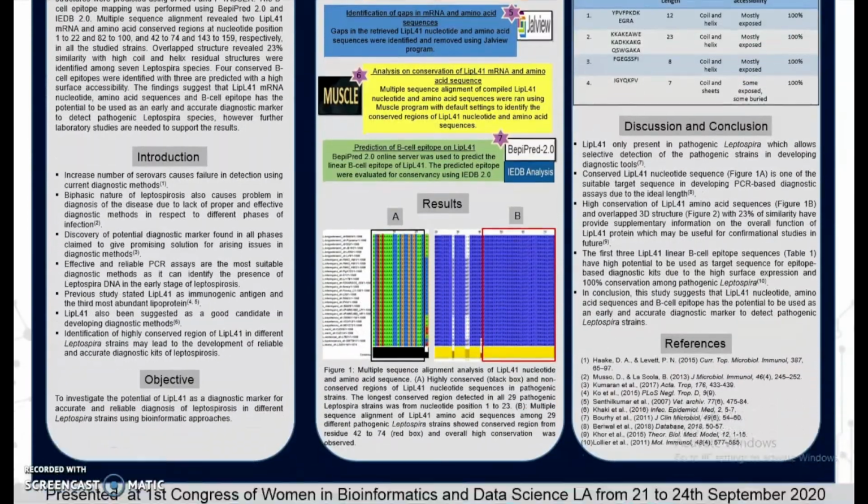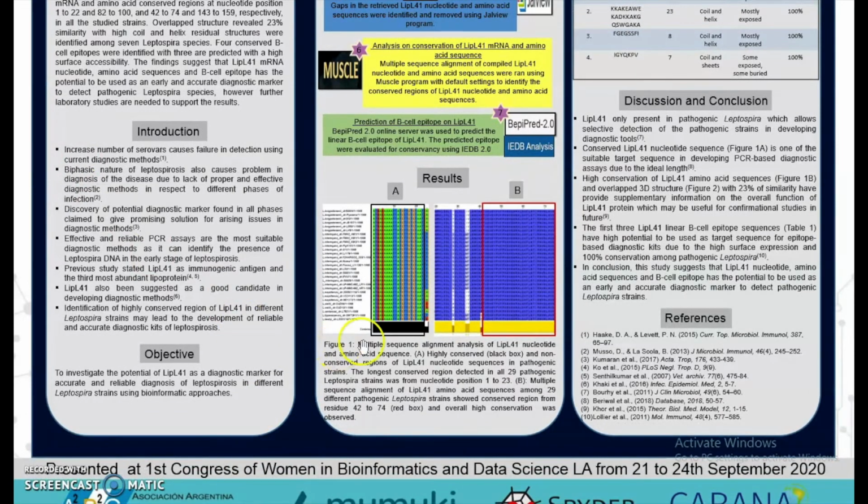So from this study, as we can see here, Figure 1 showed the multiple sequence alignment analysis of LipL41 nucleotide and amino acid sequences. So for 1A, highly conserved region, which is indicated in the black box, was the longest conserved region from all aligned 29 pathogenic Leptospira strains that was identified from nucleotide position 1 to 23.